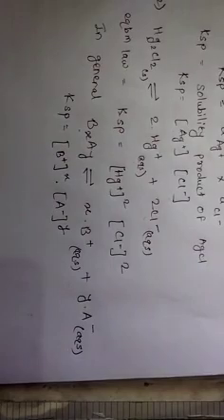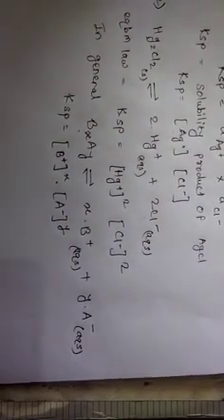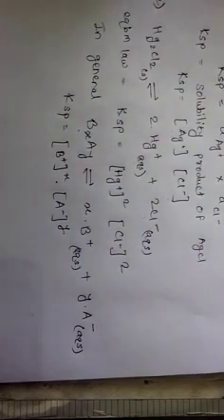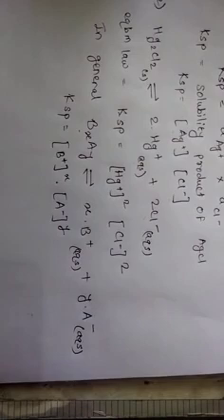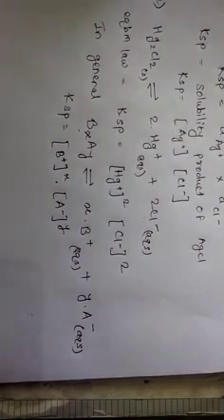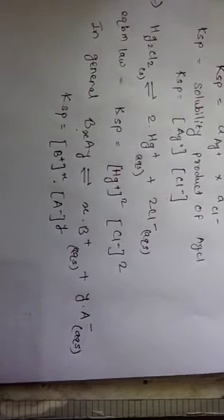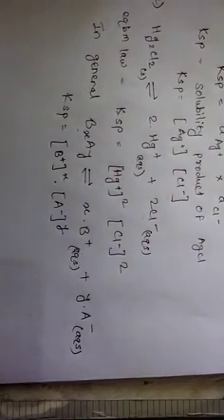Now if we want to find out the value of the solubility product, we have to derive various equations for various types of salt, which are AB, AB2, A2B, AB3, A2B3 or B2A3.